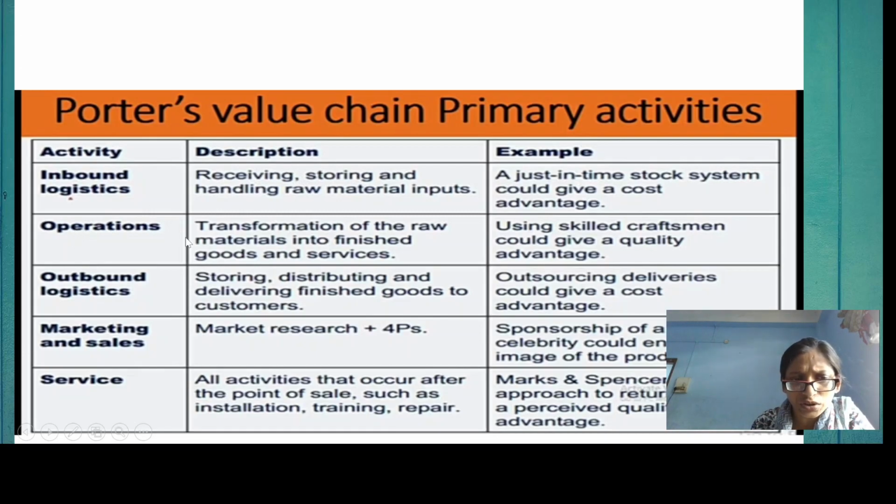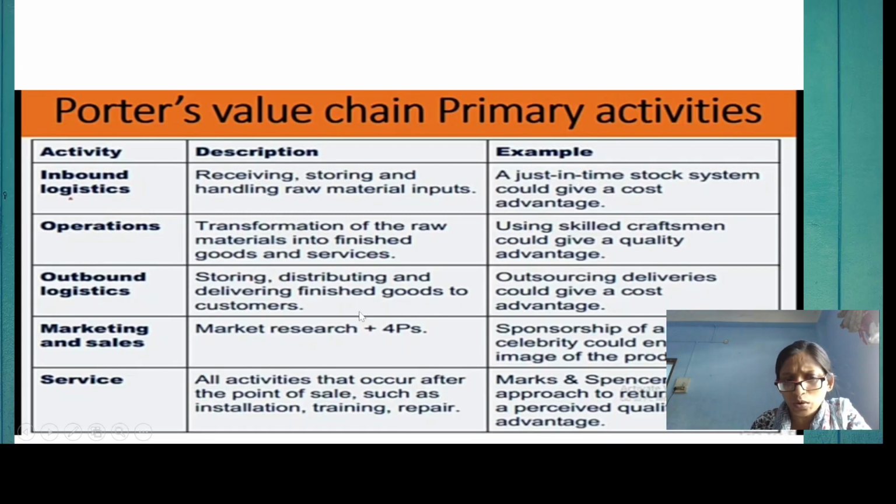In operations, when we are transforming our raw material into finished goods, we can use skilled craftsmen, so we can produce it in an efficient manner without much wastage.